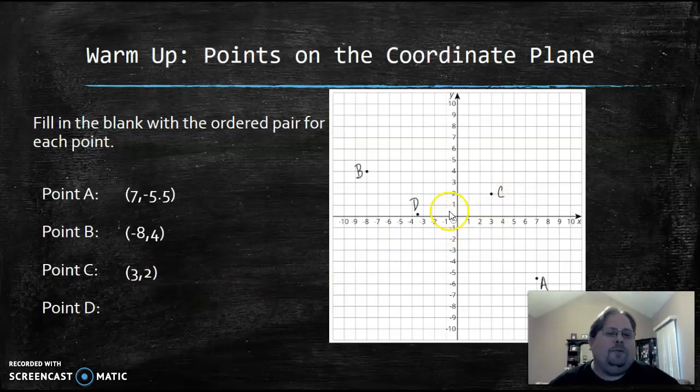and we have this ordered pair 3, 2. Now D is a little bit tougher because on the y-axis it doesn't fall halfway in between like the other ones that we've looked at. On the x-axis it does, so we go over to the left to negative 3, between negative 3 and negative 4, which is negative 3.5.